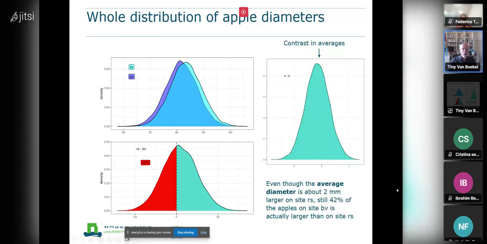So the conclusion is that even though the average diameter is 2 millimeters larger on site RS, there are still almost half of the apples on site BV that are larger than on site RS. So that is quite a different conclusion than when you only look at the means. And you see the distribution of that contrast here. And indeed, there is a lot of overlap between all the values.